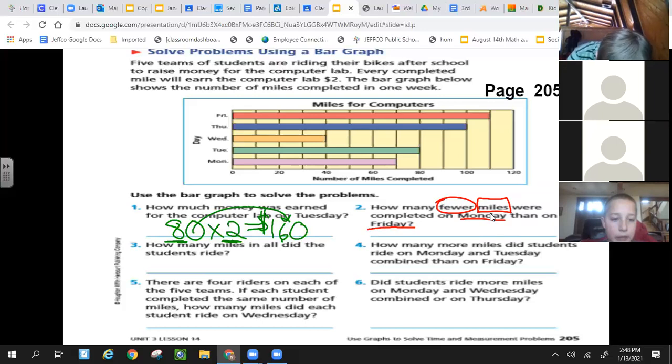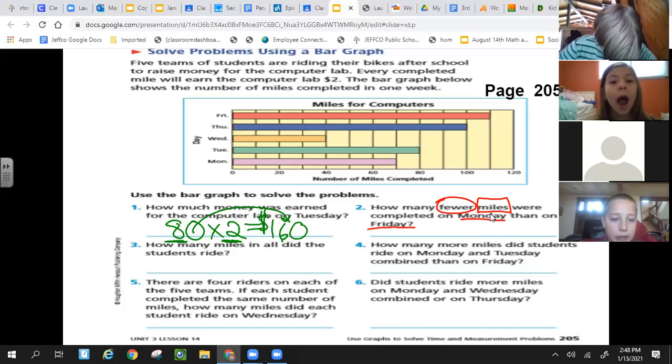What do you know about Monday and what do you know about Friday? Friday has 110 and Monday has 70. Okay, so if we know that Friday is 110, that's more than 70. How many fewer miles were completed on Monday? What operation does that tell me to use? Addition or subtraction?